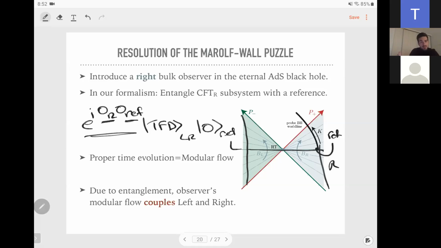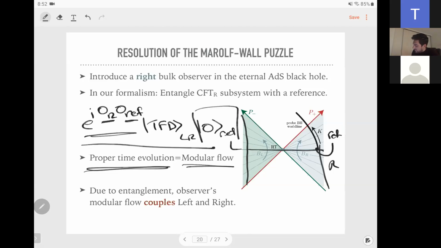Now, according to what I said, modulo the corrections that I described, proper time evolution in the observer's frame should be generated by the modular evolution. What modular evolution? Well, I have to take this state and trace out the reference and obtain a modular Hamiltonian on my system, and evolve operators with this modular Hamiltonian in order to propagate some operator along this trajectory.